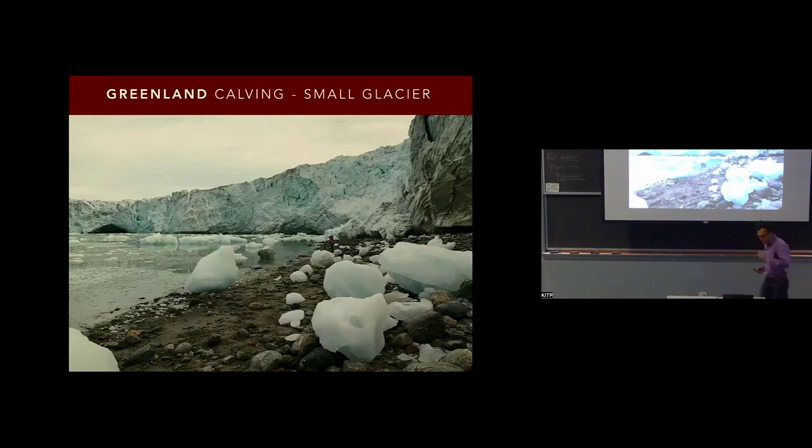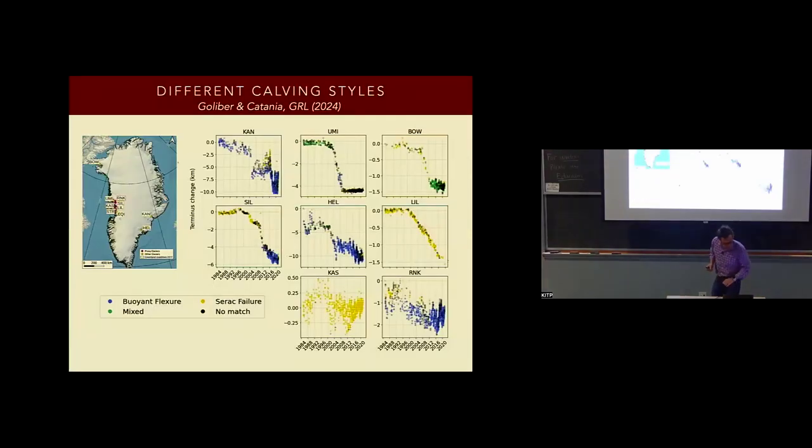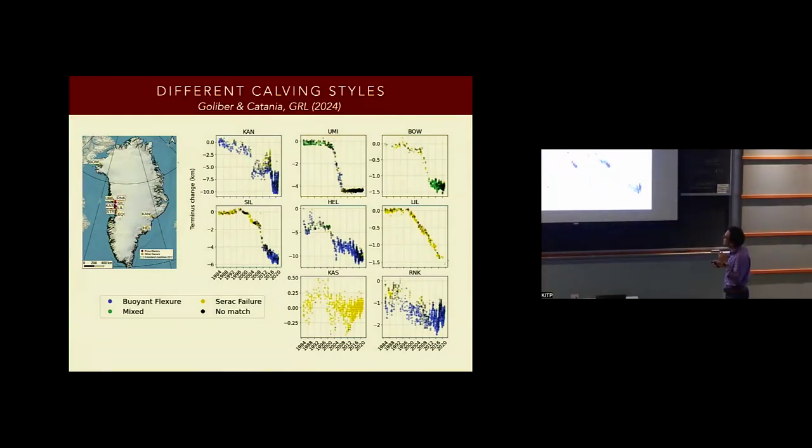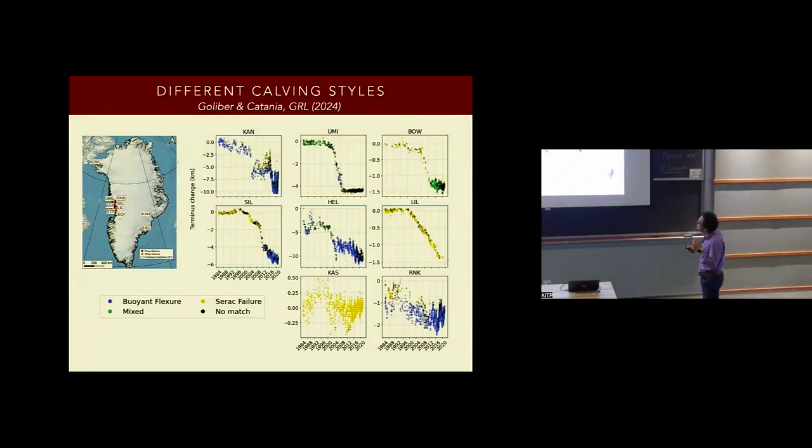And so what Sophie Golliver and Ginny Catania have done recently is look at 10 glaciers in Greenland and classified them by type of carving. So what you're looking at here is the 10 glaciers and a time series of about 40 years of terminus change. So they've all retreated between 2 to 10 kilometers.